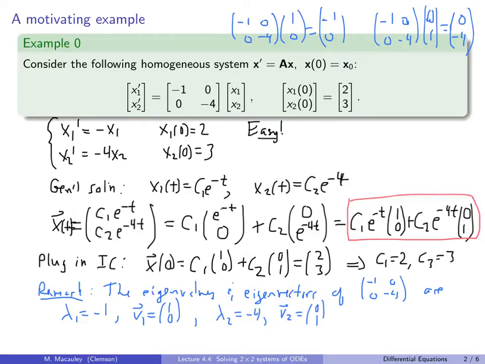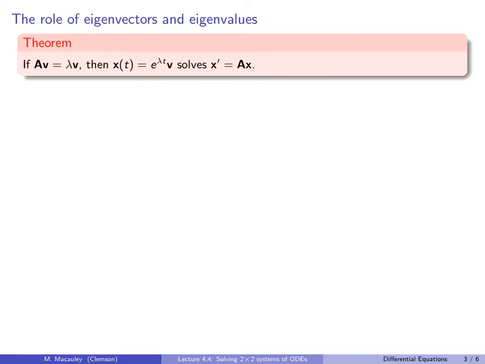We started with a simple matrix that we can do by hand, so we can actually see this, but now I want to state a more general theory. Okay, so if AV equals lambda V, meaning if lambda and V are an eigenvalue-eigenvector pair, then this solves the homogeneous system x prime equals Ax.